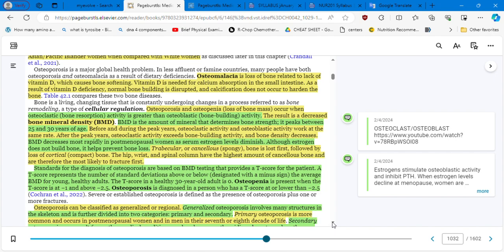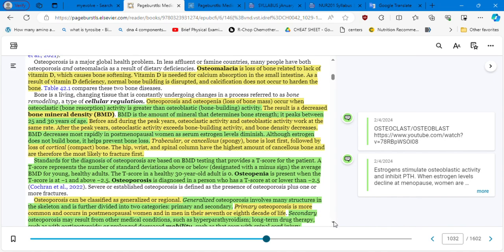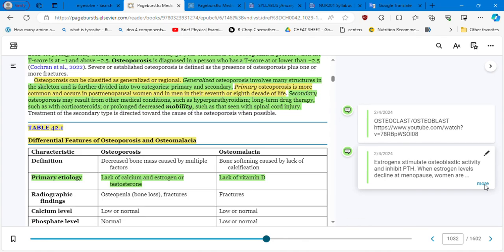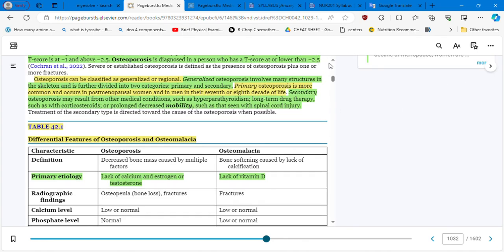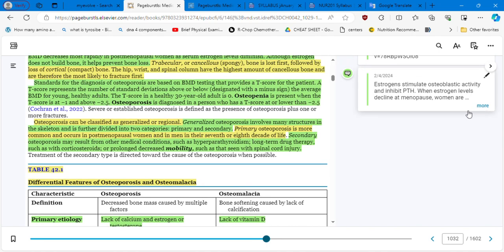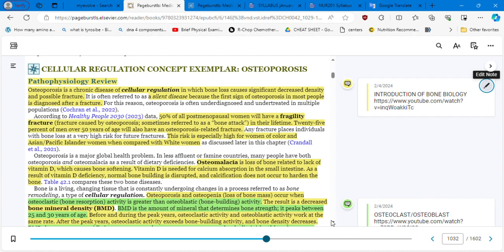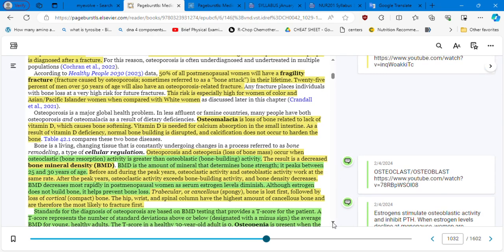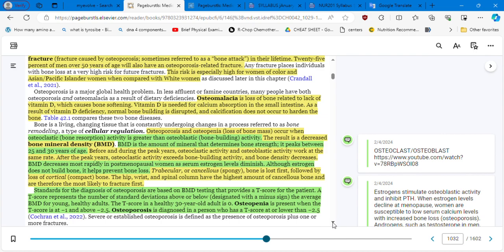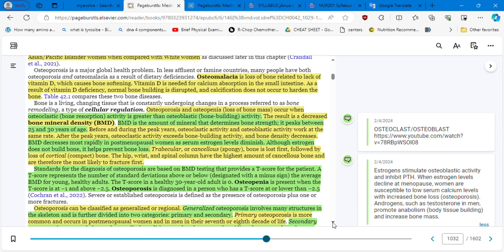And just for the people who didn't watch the first video, we're going to do a refresh. Estrogens stimulate osteoblastic activity. We mentioned that already. And they inhibit PTH. So they stimulate the creation of new bone cells, and they also inhibit PTH, the parathyroid hormone.